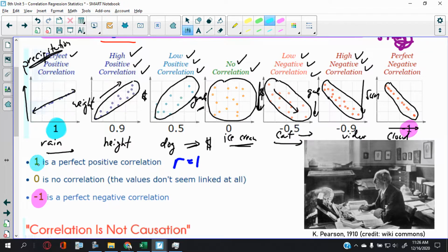In the middle of that is 0, no correlation at all. Then you've got 0.9, which is really high correlation, 0.5 right down the middle, and 0.3 is really low positive correlation. 0 is no correlation.